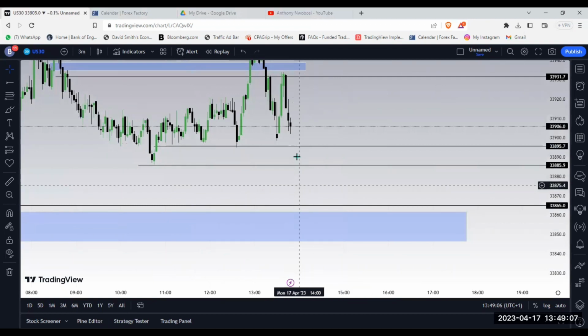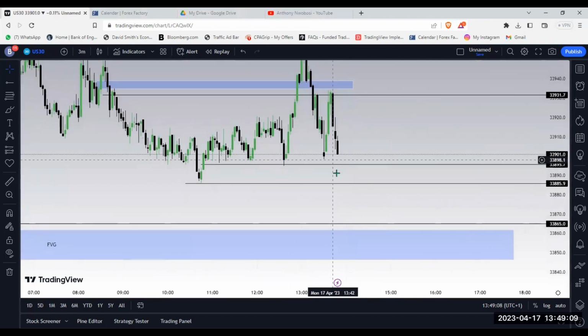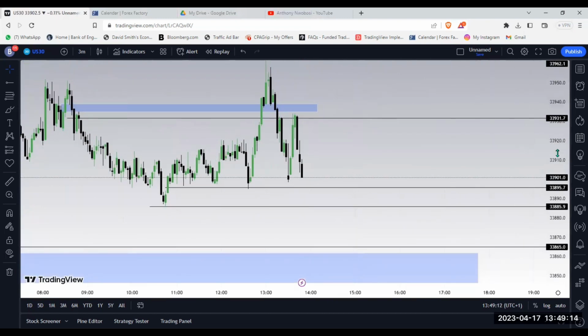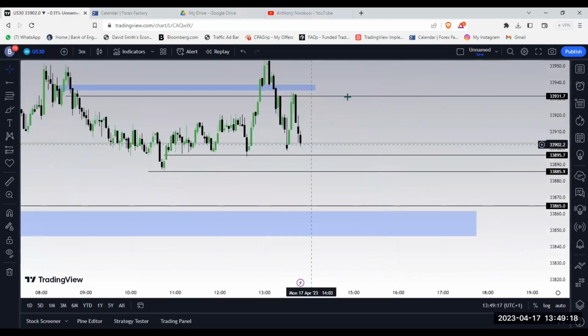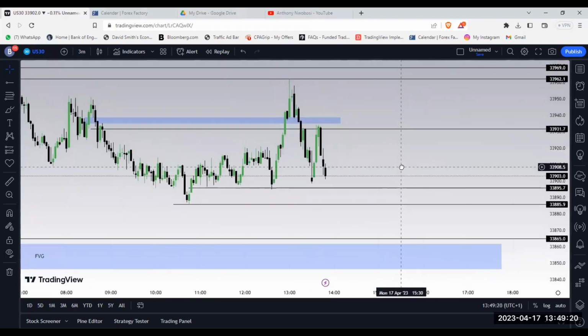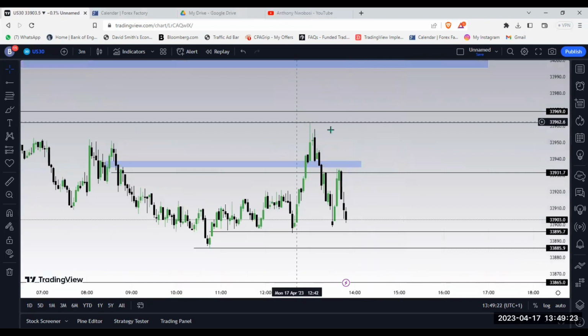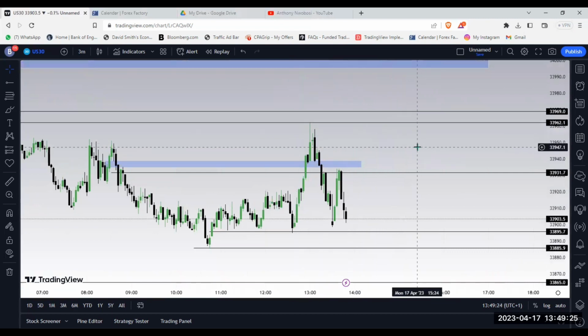That's it. Price just takes out all this liquidity zone and creates another up move to trade above this liquidity area.